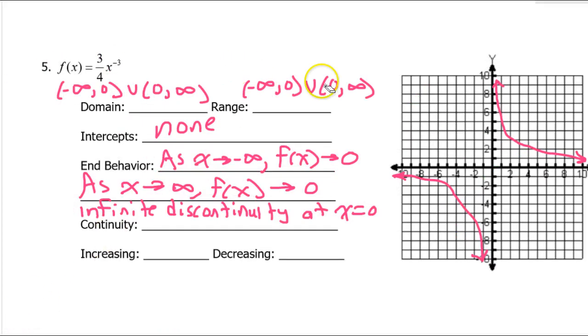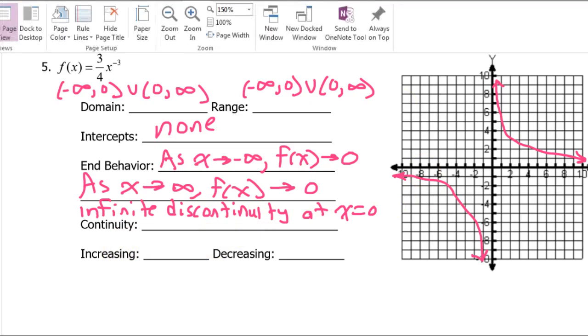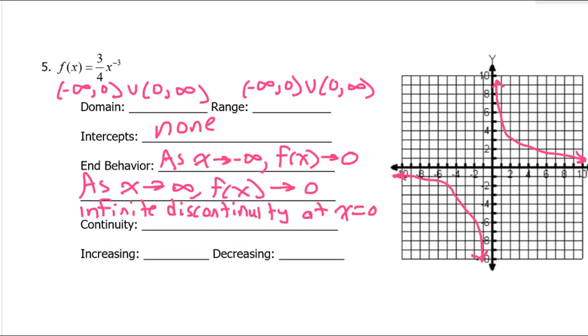Okay, so I just literally copied all this stuff from the previous problem because all that stuff is going to be the same thing for the same reasons. The only thing that's going to change is the fact that for this function, from left to right, this is decreasing and this is also decreasing. See how it's all going downhill.